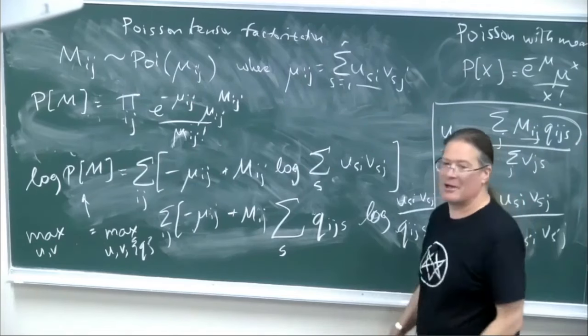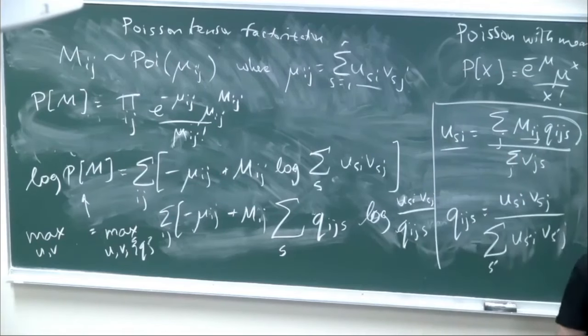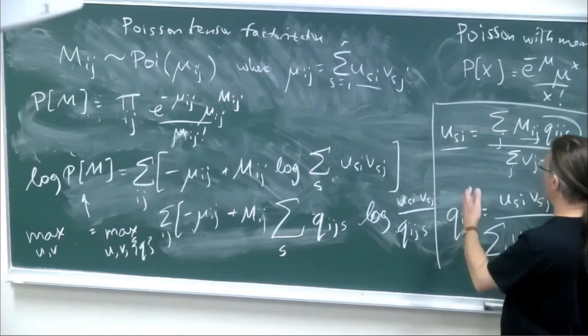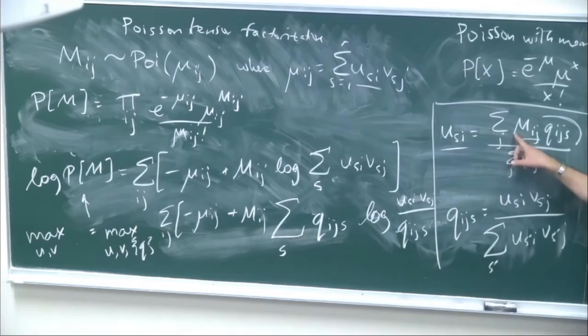You often reach a local optimum. In practice, you might have to run it many times. And if you do all this for tensors, it's not that much more complicated. There's just another sum on the top and another sum on the bottom. Okay, so these are some ways to find, the exact tensor rank is very hard.